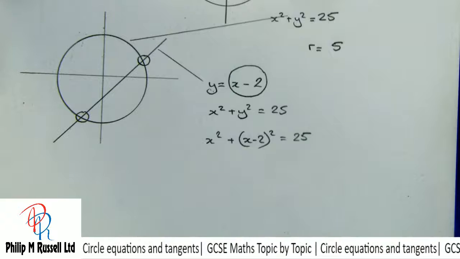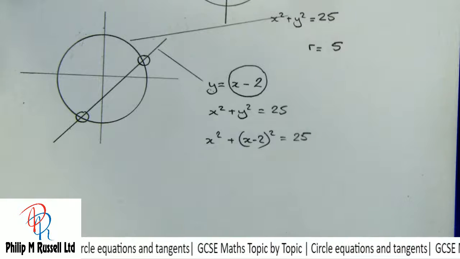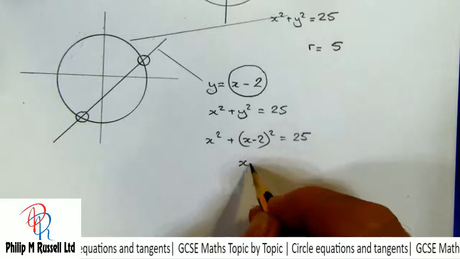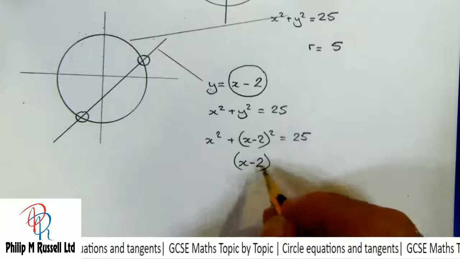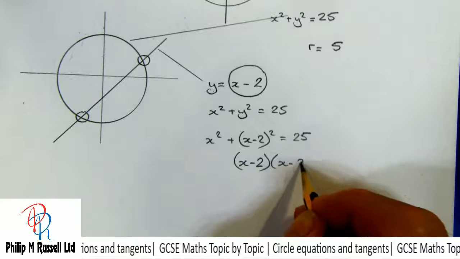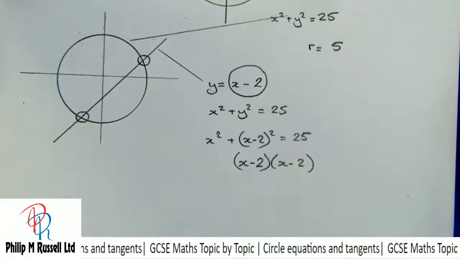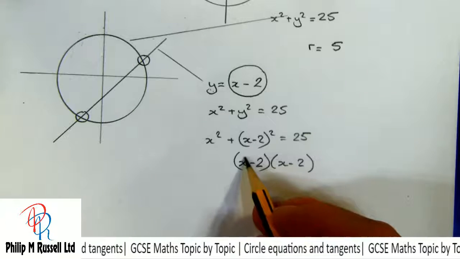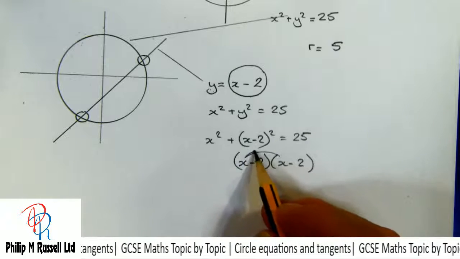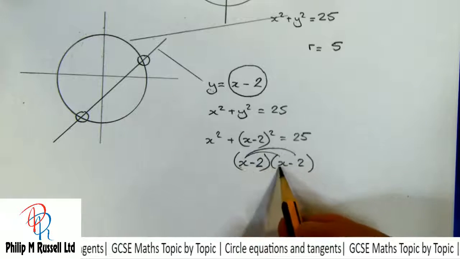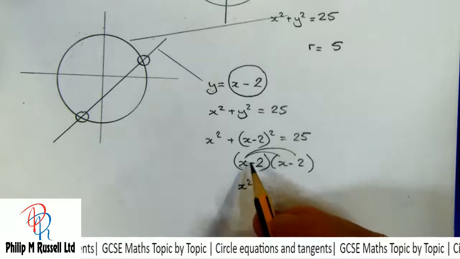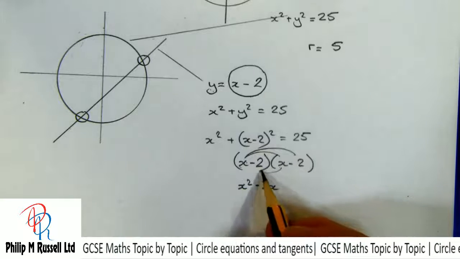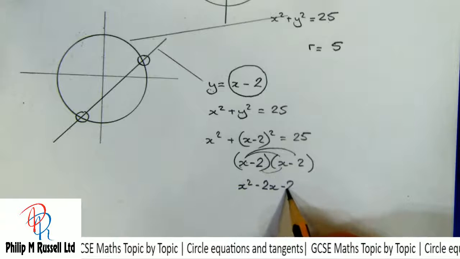So let's have a go at trying to solve this equation. I've got here x minus 2 all squared, so I need to work out what that's going to be, and I'm going to perform the claw. x times x gives me x squared. x times minus 2 is minus 2x. x times minus 2 is minus 2x.